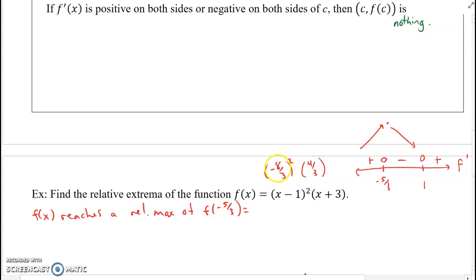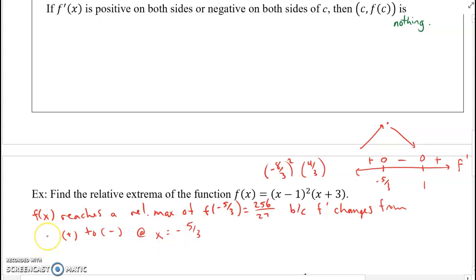So we've got, let's see, -8 times -8 is 64. 64 times 4 is 256. And then 3 times 3 times 3 is 27. And that's the relative maximum. And if it asks us to justify it, we would always say, because f prime changes from, in this case, positive to negative at x equals -5/3.